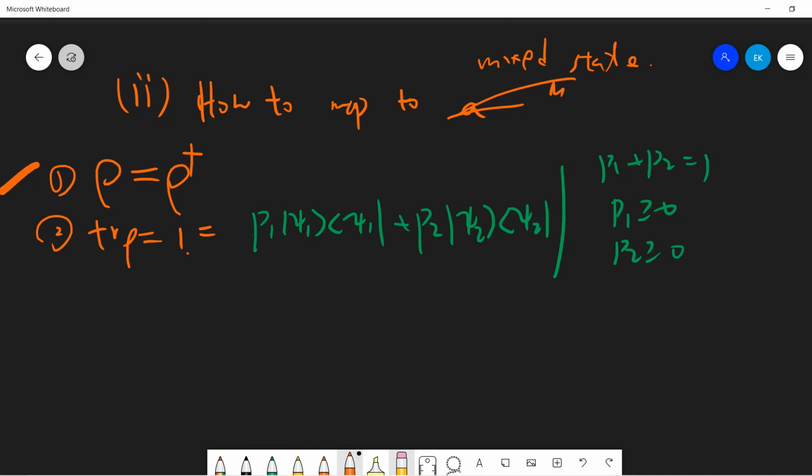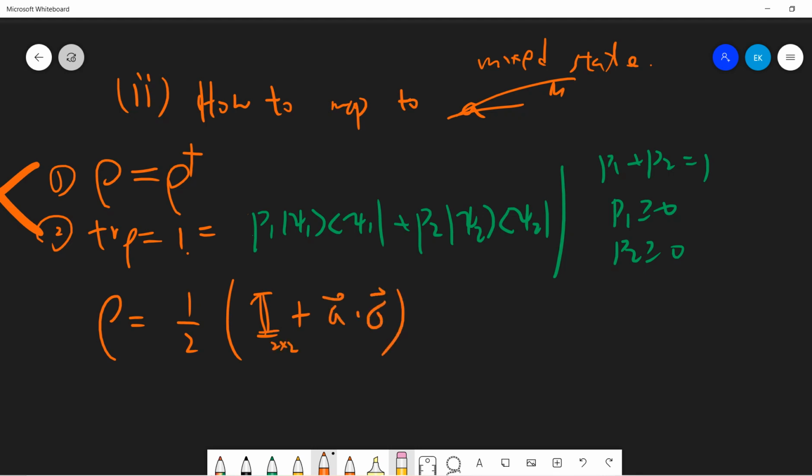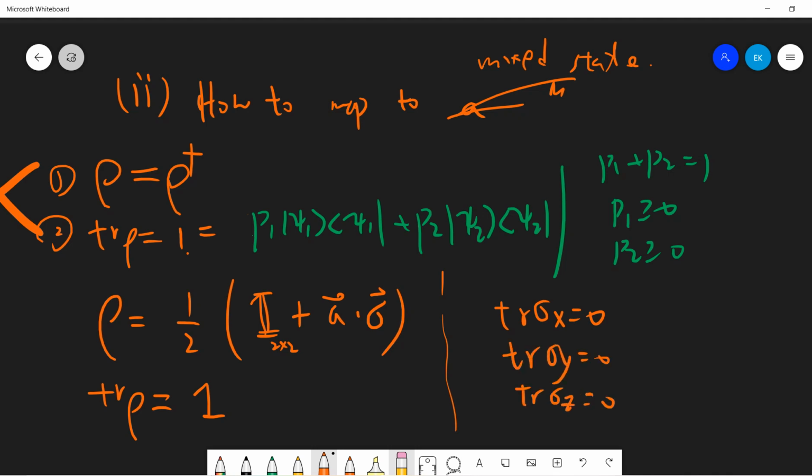Combining these two properties, all the states we can write as rho equals a half times the identity matrix 2x2 plus a dot sigma. If I take the trace of this, I will get 1. The reason is that the Pauli matrices are traceless, so the trace of a dot sigma is 0.